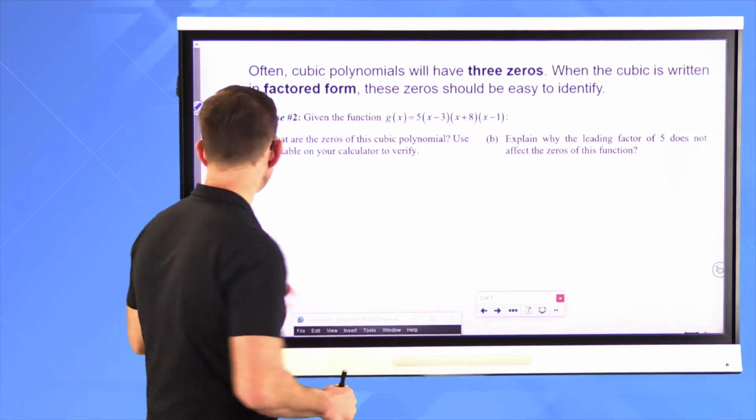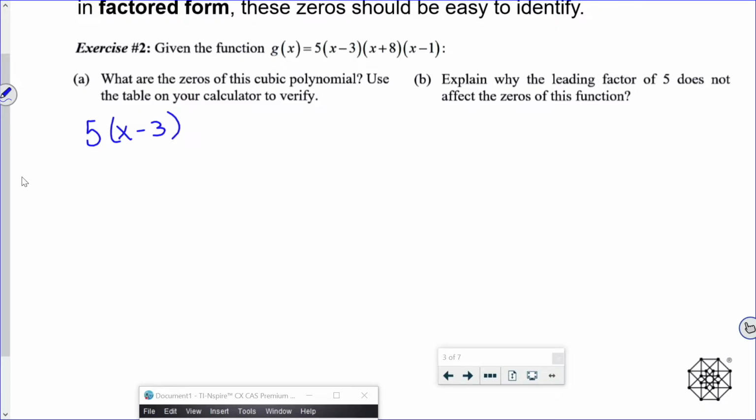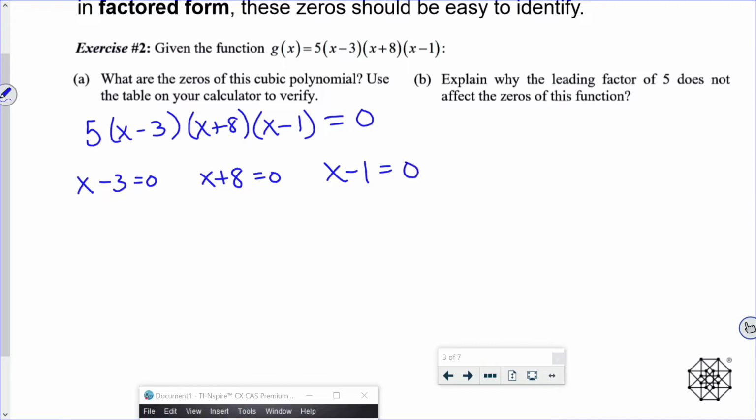All right, so I've got the following equation. 5 times x minus 3 times x plus 8 times x minus 1 is equal to 0. So I'm going to set x minus 3 equal to 0, x plus 8 equal to 0, x minus 1 equal to 0.